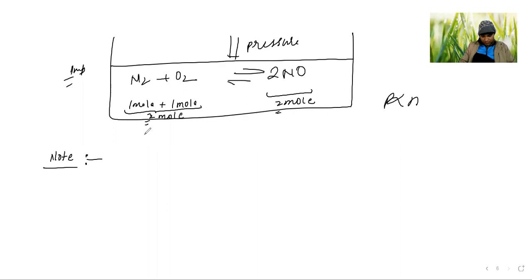Sir, pressure will be more in this reactant side, sir. Why, Janab? No, sir. Both sides it will be equal, 2 moles and 2 moles. Yeah, right. Very good.